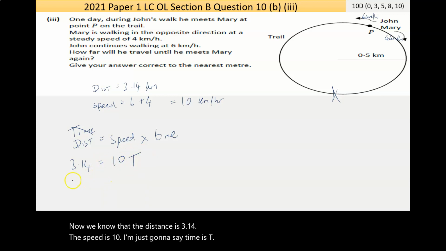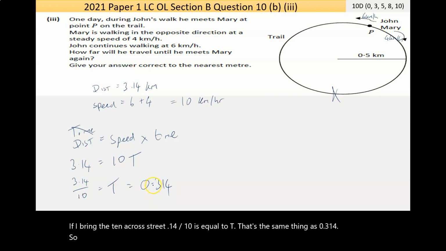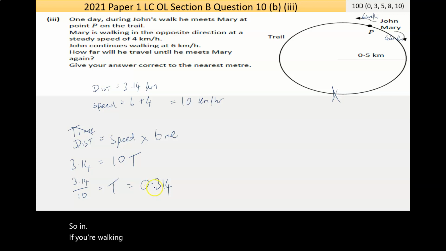Now, if I bring the 10 across, it's 3.14 divided by 10 is equal to t. That's the same thing as 0.314. So if you're walking 1 kilometer per hour, you go 0.314 of the distance, 0.314 kilometers. Now I'm not explaining it very well.